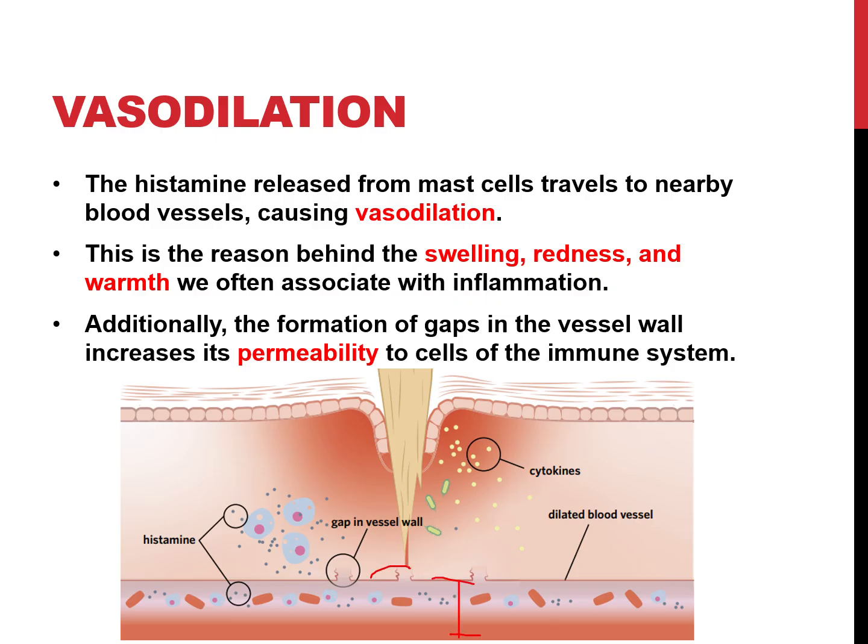There are more holes in the wall, so it's increased the permeability of the blood vessel. There's going to be a lot of redness and warmth around the area as well, because there's a lot of blood there. And that's because of that histamine.